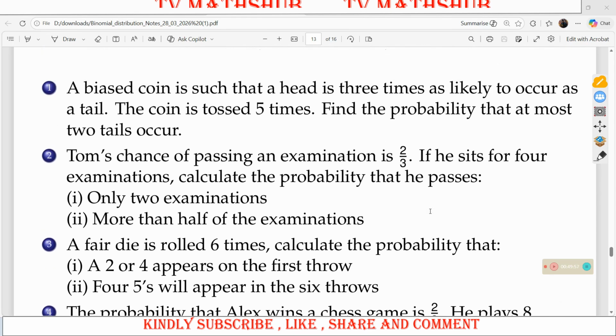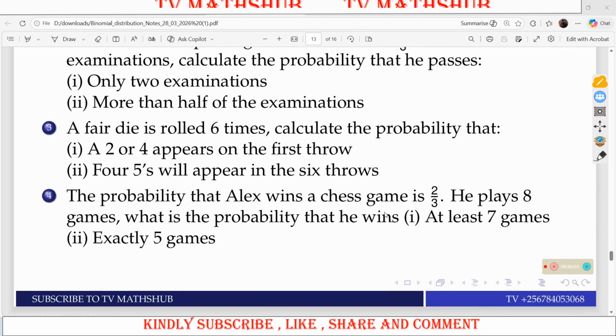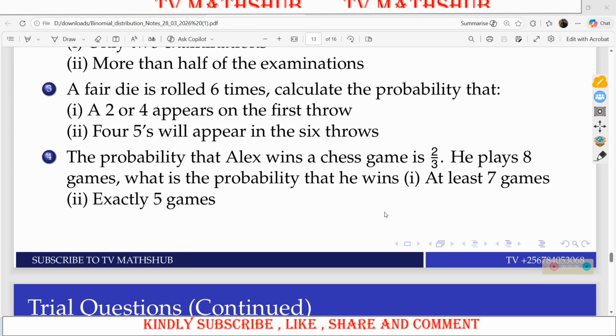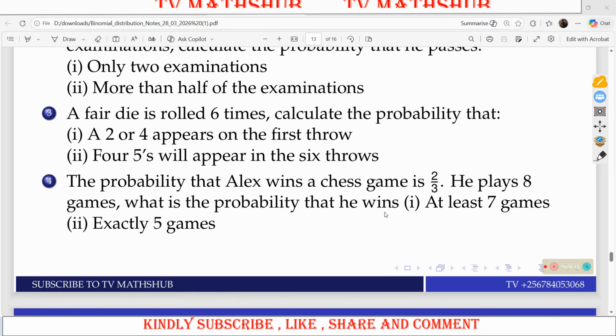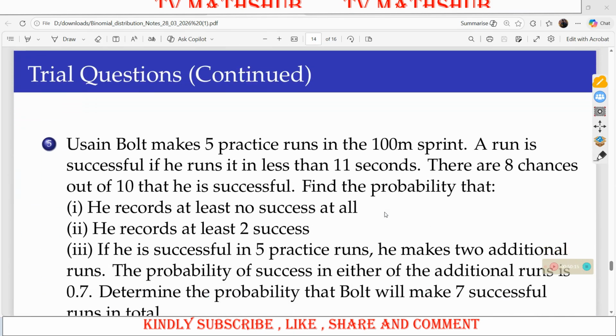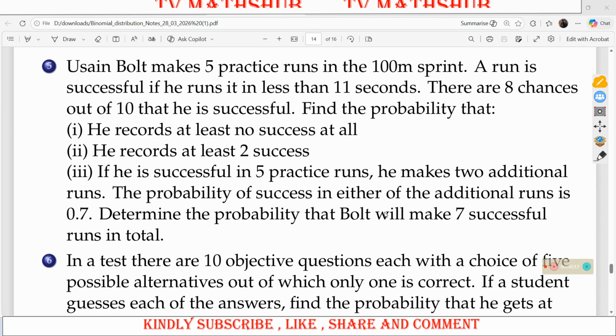Make sure you copy them and try them. We also have question number 4, and next we have questions 5 up to 6.